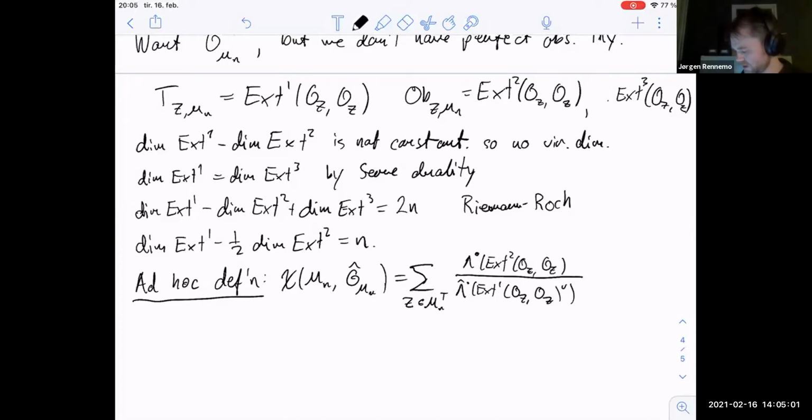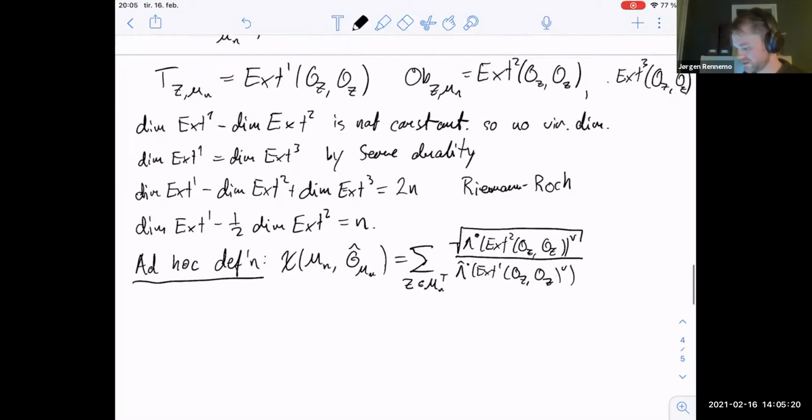And I claim that, since you're working with K-theory classes, the correct incarnation of this ad hoc operation of taking half the x2 space is that you should take the square root of this thing.